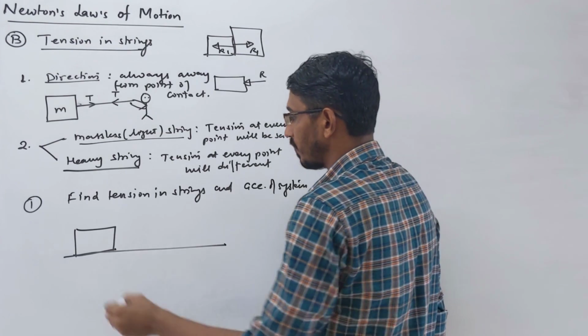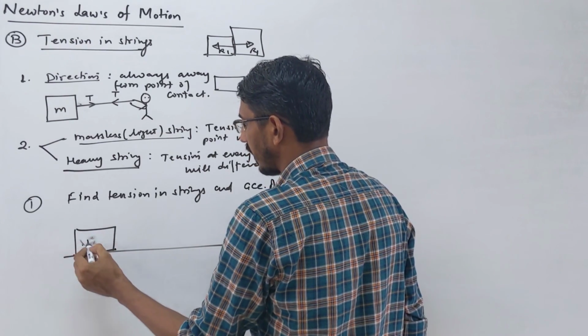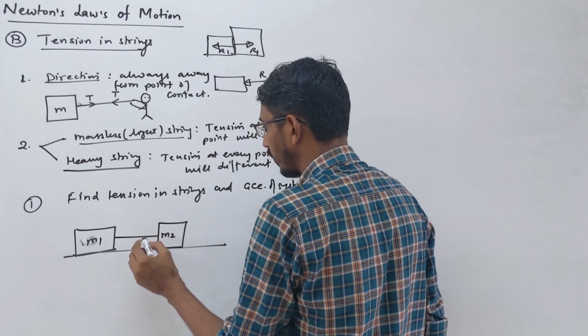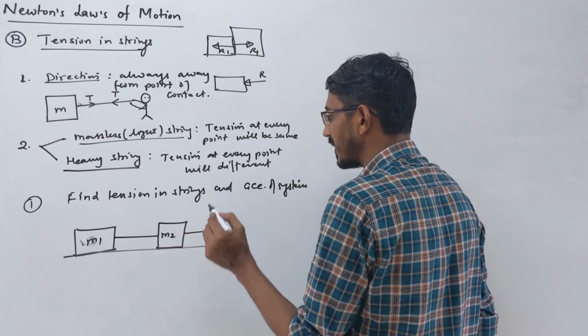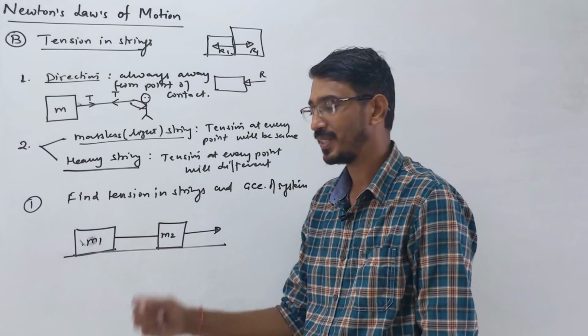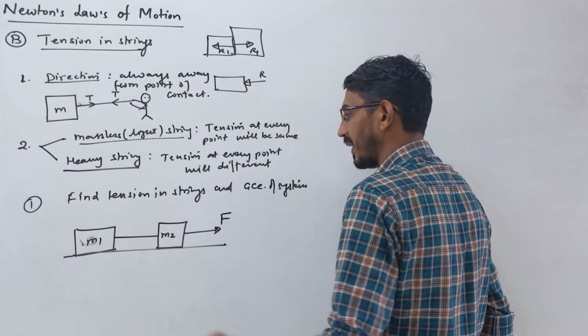So suppose a block is given here, a general mass M1, and another block of mass M2, connected by a string, and you pull this by some force. Again, you cannot push this system because a string is there. So you apply some force F here, right?